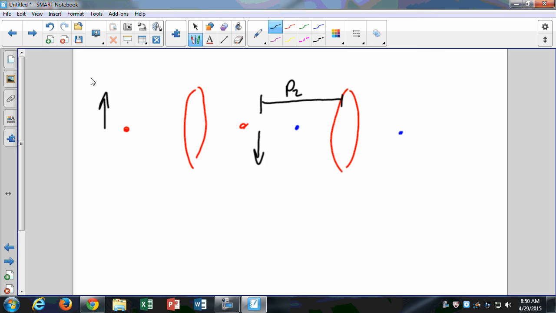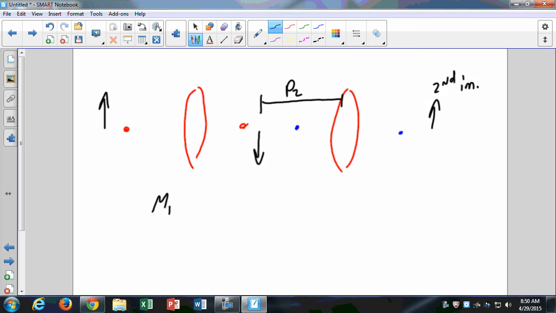We worked through a couple of these in class, and you have some in your homework. And then you can find your second image, and the final image, which is out here. So this is your original object over here. This becomes your image from your first lens. This image from the first lens becomes the object for the second lens, which is here. And so this becomes our object distance, and then we can find our image distance.